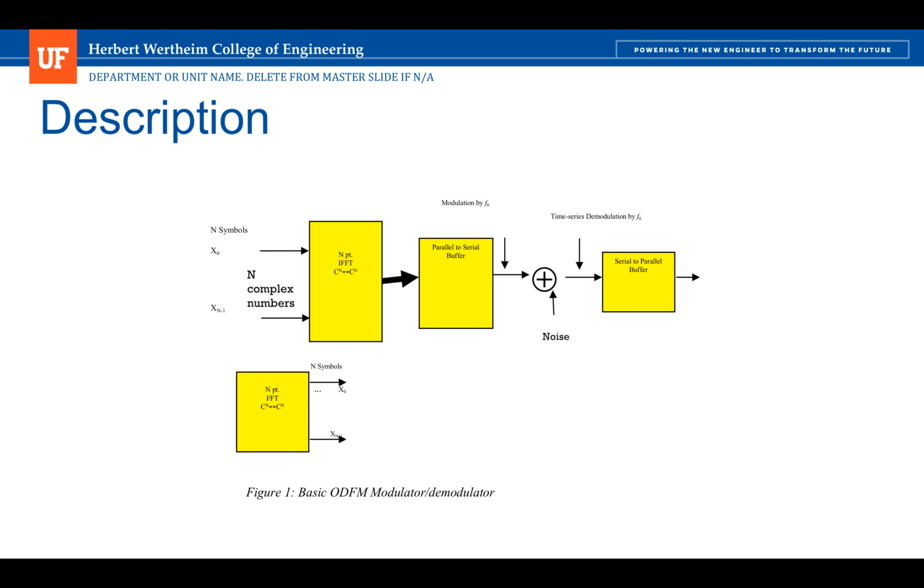The complex array is presented to an N-point IFFT, which converts the symbol array into an N-symbol complex time series. The complex time series is transmitted and decoded by an FFT located at the receiver, which converts the complex time series back into an array of N complex symbols.